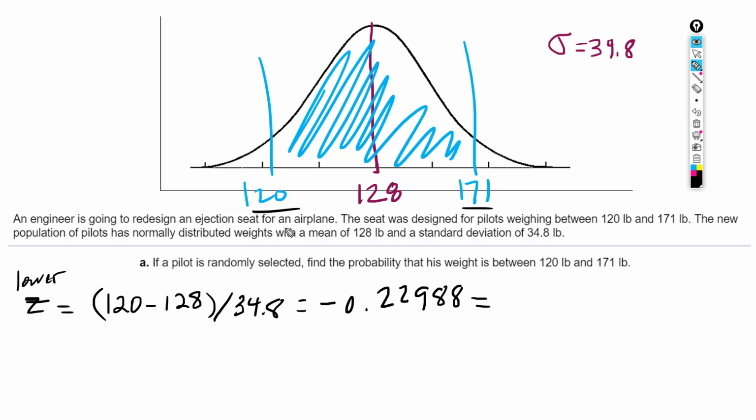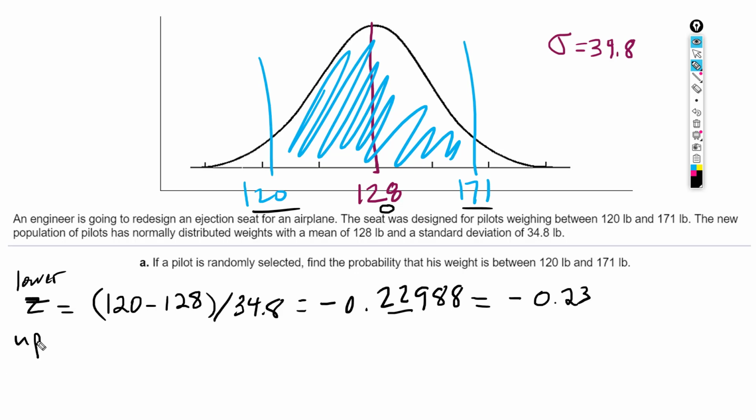First of all, it makes sense that it's negative because in a standardized distribution the mean, 128, becomes 0, so anything to the left would be negative. And the second thing is the z-table is rounded to 2 decimal places, so always round your z to 2 decimal places.